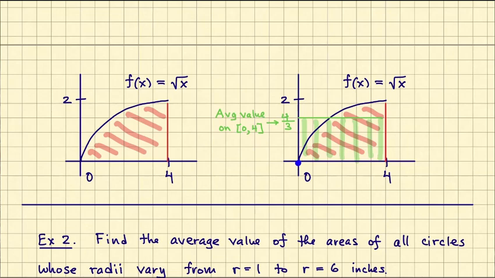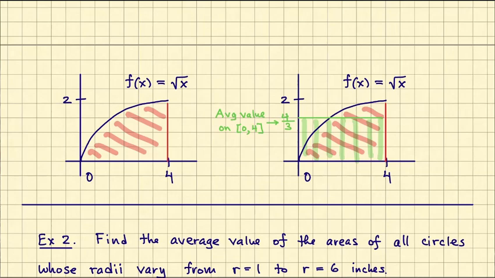What that says is if we were to look at a rectangle whose base is on the interval from 0 to 4 and whose height is 4/3, this green rectangle would contain exactly the same amount of area as the red area, the area under the curve. So that's what the average value is doing. It's balancing the area under the curve by evenly distributing it across the interval.